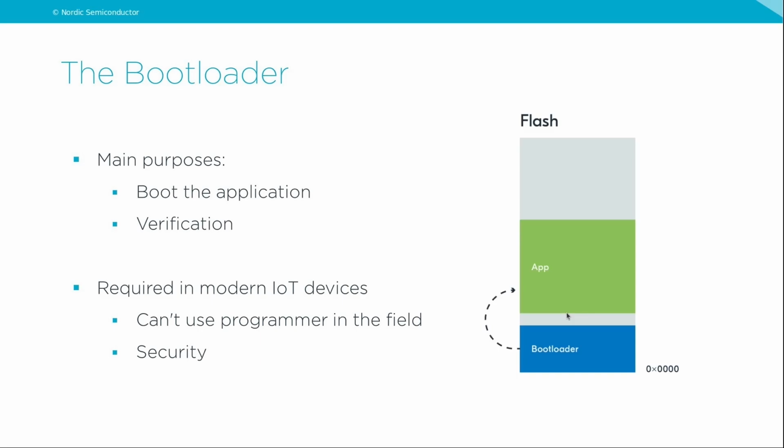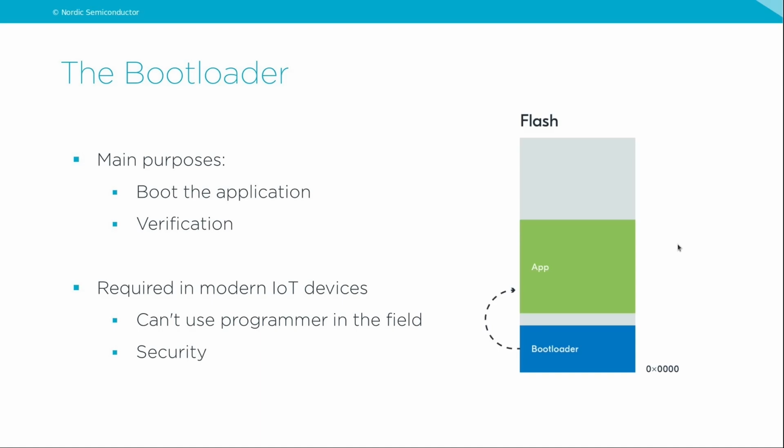Now, the second reason is for security. The updating to allow for DFU is a security mechanism, because if there's a vulnerability in your application, you can update it. In addition to this, the bootloader can check how the application looks through verification. And as I said, I'll explain how that works briefly.